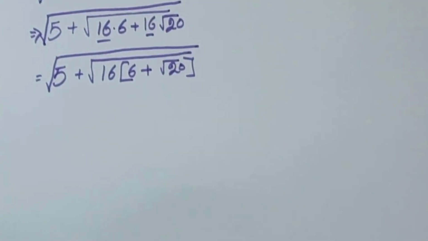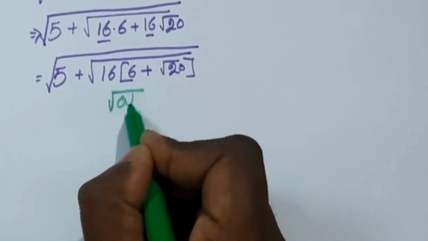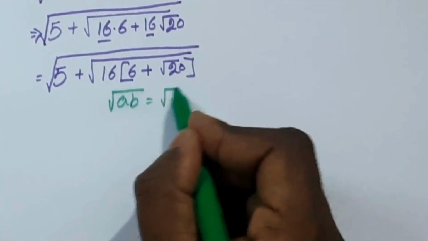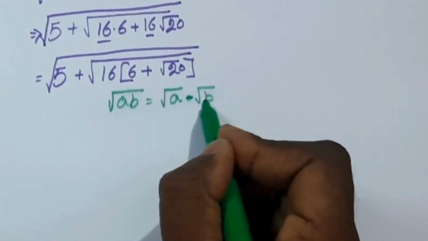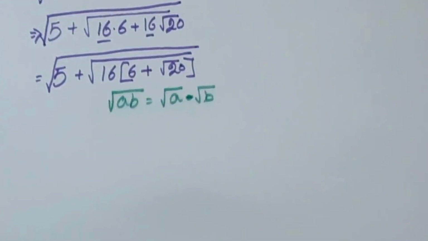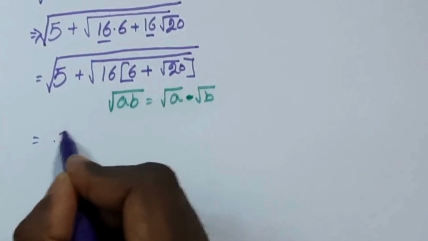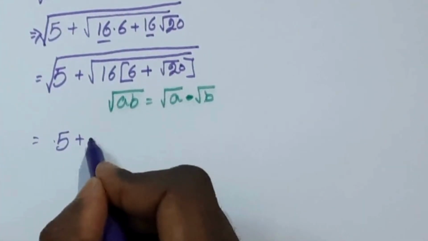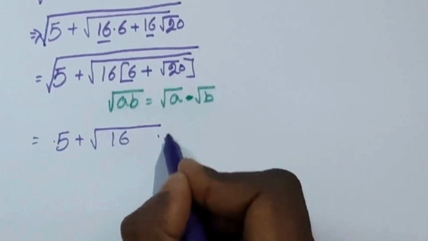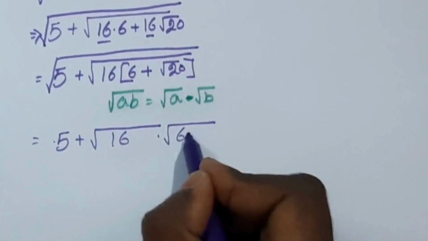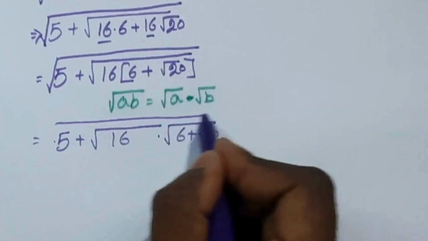We are going to apply this formula: square root of AB equal to square root of A times square root of B. This we are going to apply here. So we'll get 5 plus square root of 16 times square root of 6 plus square root of 20, in whole square root.